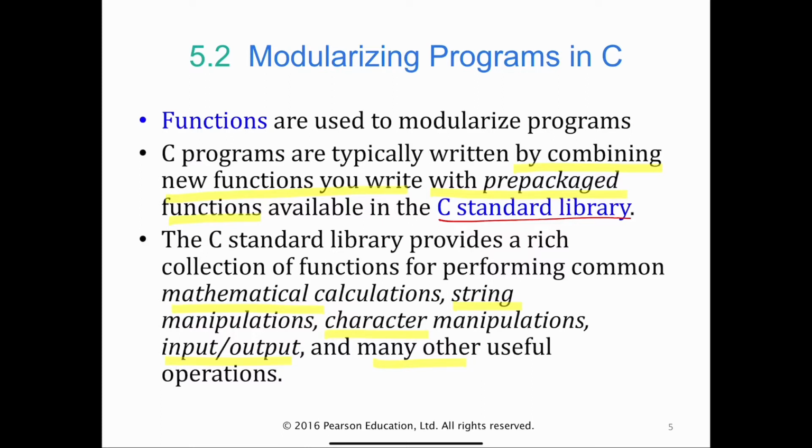As an example, the kinds of functions that you can find in the C standard library include some mathematical libraries that allow you to do math calculations. There are functions for string manipulations, character manipulations, input, output, and a lot of other useful stuff.